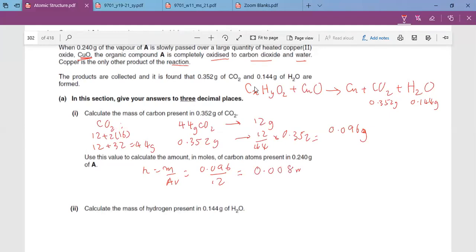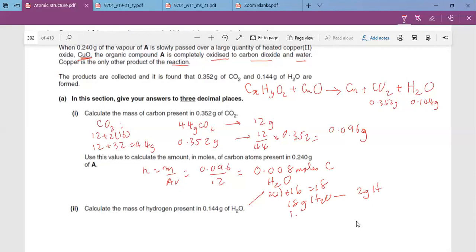All right, now for hydrogen, again, you get stuck. Number of moles of hydrogen. Now remember, hydrogen here is in H2O. So 2 times 1 plus 16, that is 18. So 18 grams of water contains 2 grams of hydrogen.